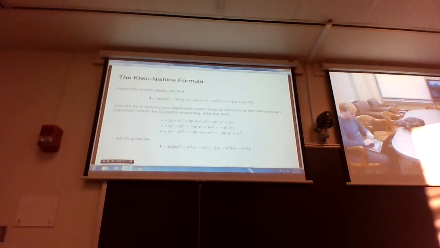Well, this isn't that bad, considering what you started out with. All right, so what you can do now is leave it in this form, or you could try to simplify it even more by introducing the Mandelstam variables.